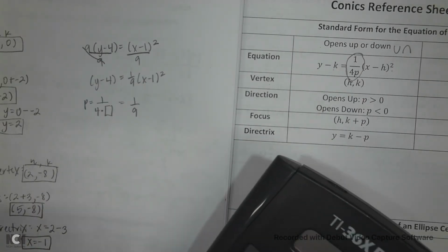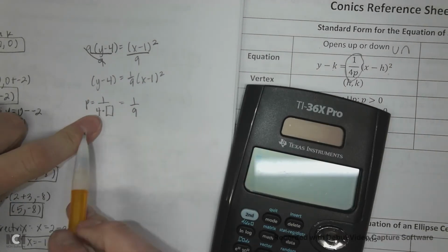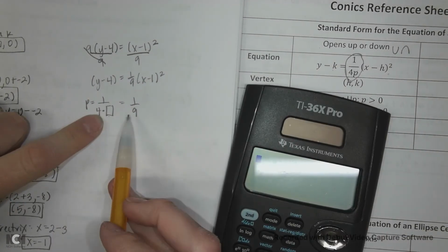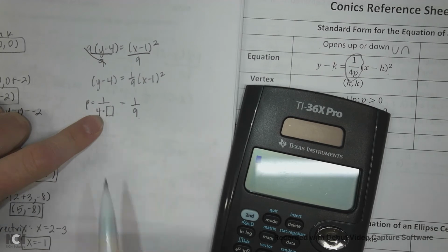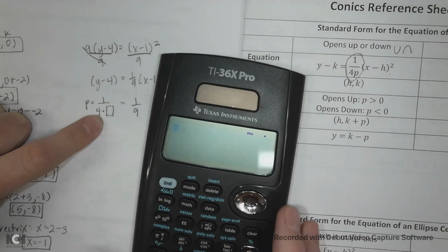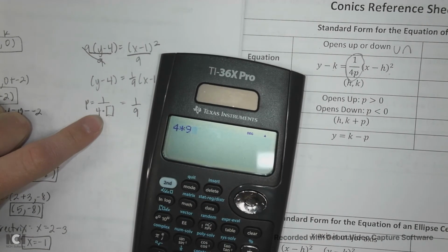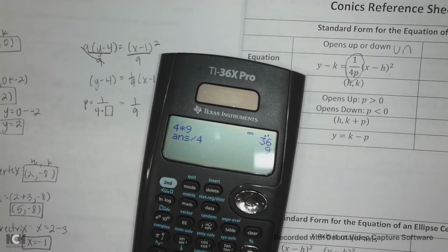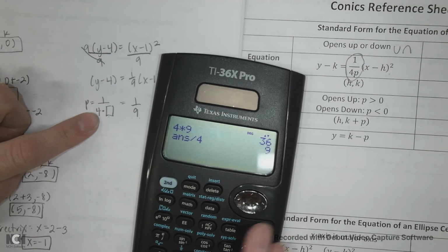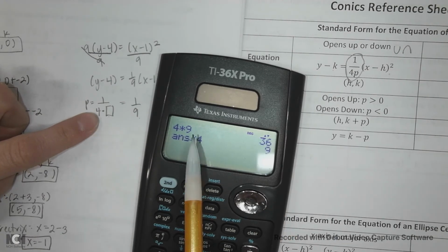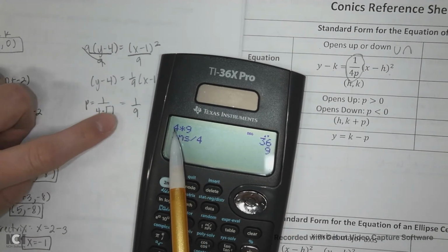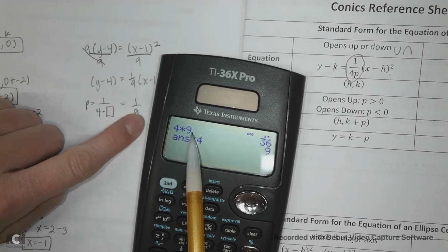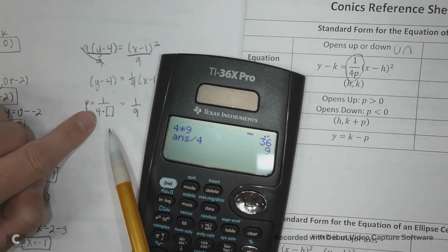So something we could do is figure out what to multiply 4 by and then divide it by a number to give me 9. So I just tried 9 to start with. So 4 times 9 is 36, and 36 divided by 4 is 9. So you can do something like that where you use a common denominator.